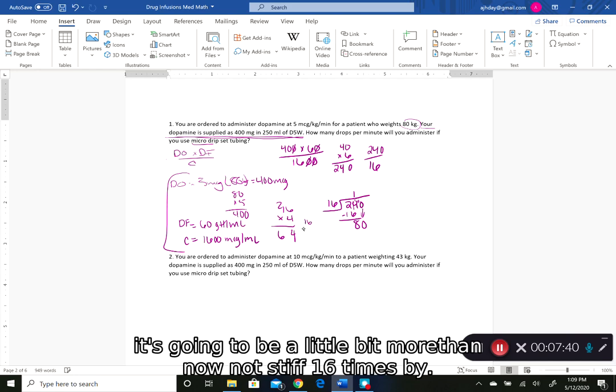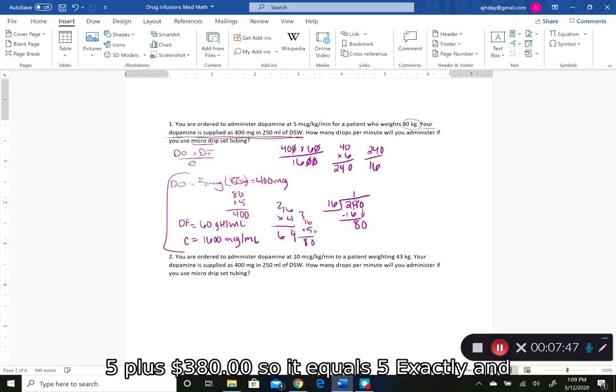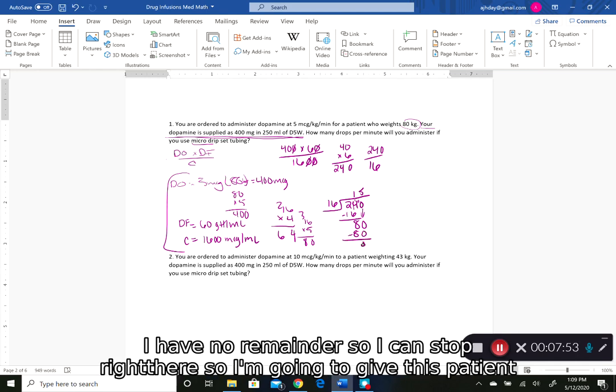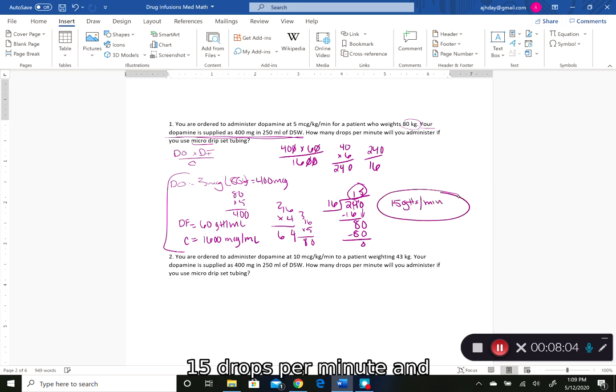Let's do 16 times 5. It's 80, so it equals 5 exactly. And I have no remainder, so I can stop right there. So I'm going to give this patient 15 drops per minute. And that would be my answer.